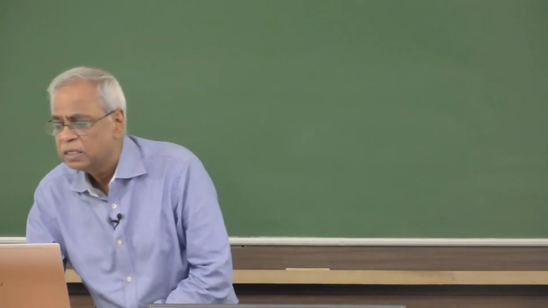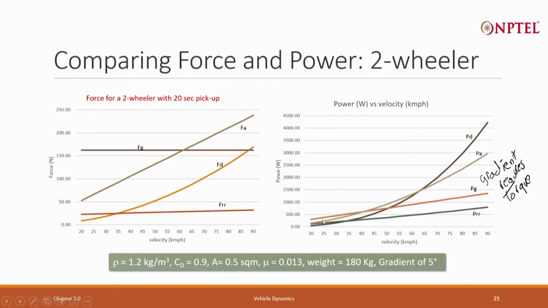If I look at speed below 25 kilometer, and let us assume there is no gradient, the acceleration force is approximately 300, and the drag and rolling resistance is even smaller. So, if I have a 500 watt motor, at 25 kilometer I can drive quite well for the speed, including some pickup.